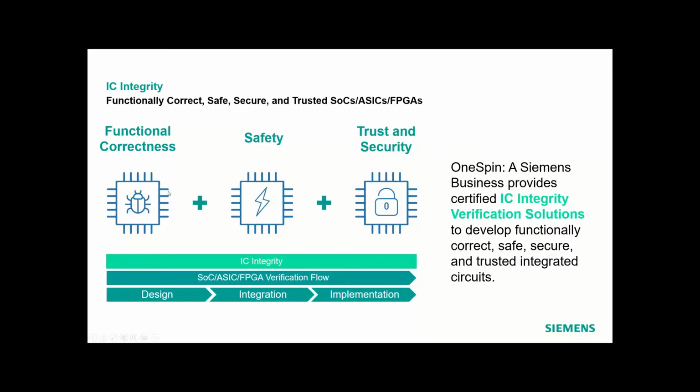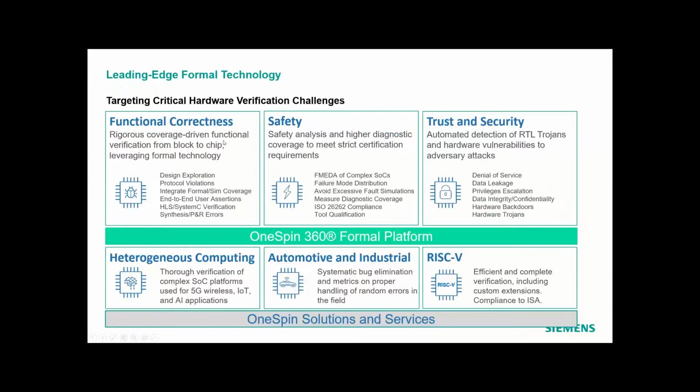Today I will talk about functional correctness for designs. Just once again, OneSpin is a formal-based tool with a formal platform that has different technologies that can handle new designs in industry.